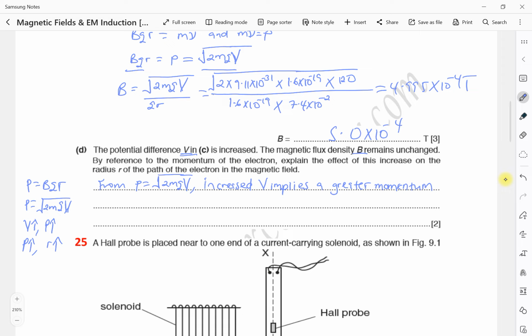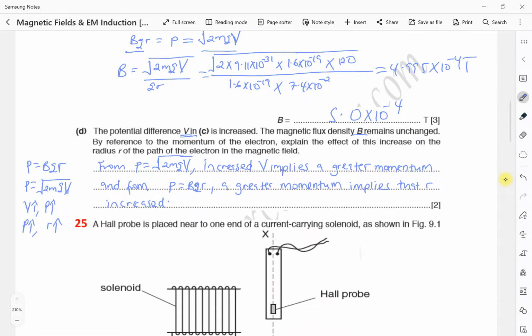And from momentum equals BQr, a greater momentum implies that r is increased. So the radius increased. Okay.